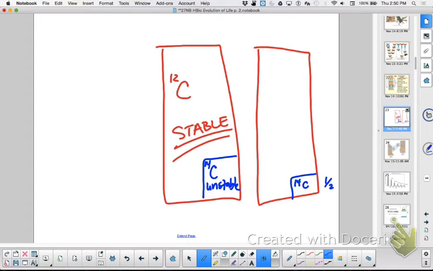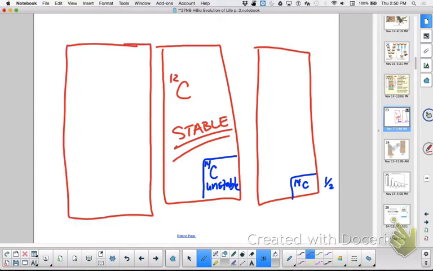You see what I mean? Because half of it has broken down. If I found another fossil that had about this much carbon 14 compared to what exists today, it's probably been another half-life. So now it's about 11,460 years, two half-lives have passed.